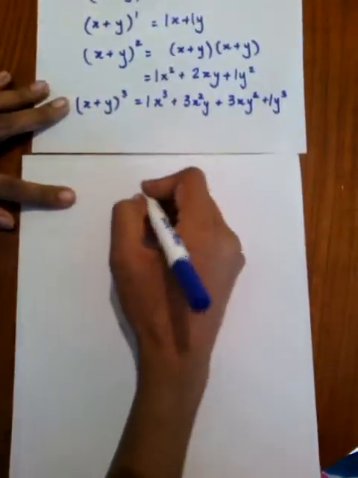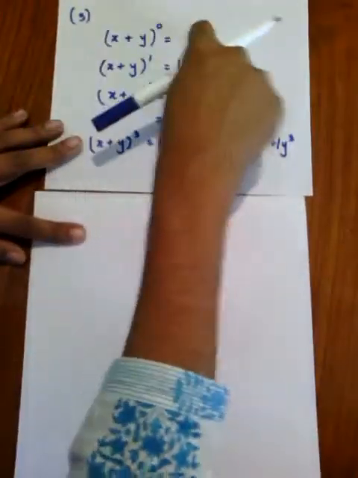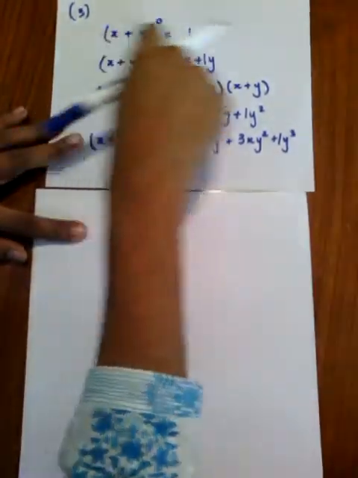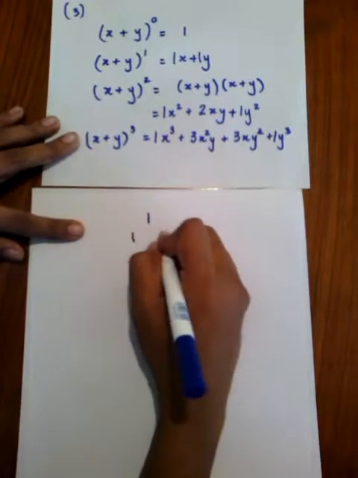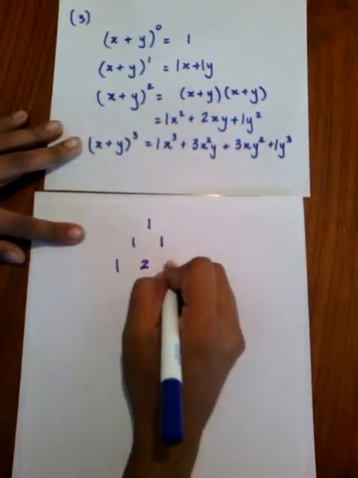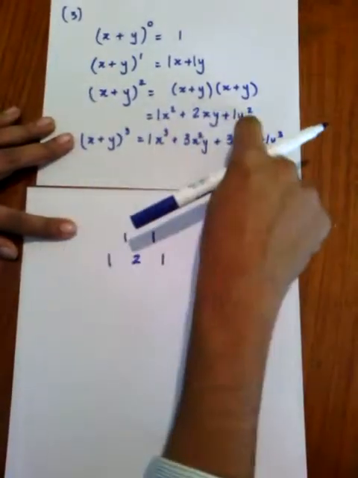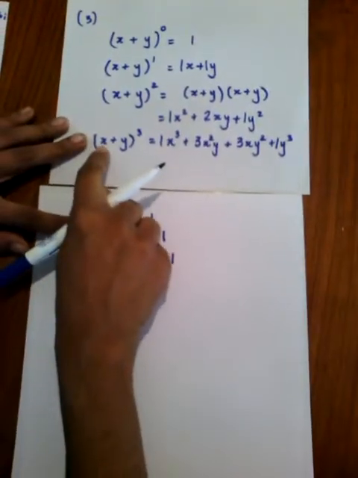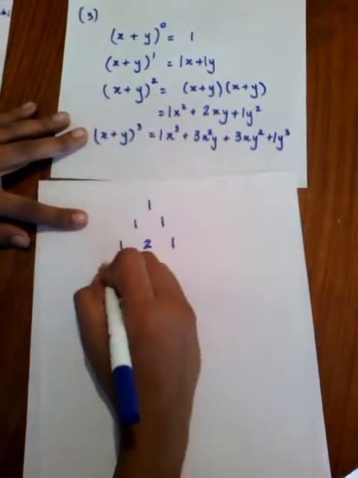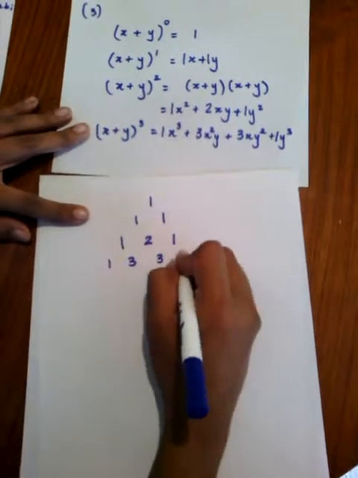If I just write the coefficient of every term here, I have 1 for the first term, I have 1 and 1 for the second, and I have 1, 2, 1 for the third. And for the fourth, I have 1, 3, 3, 1.